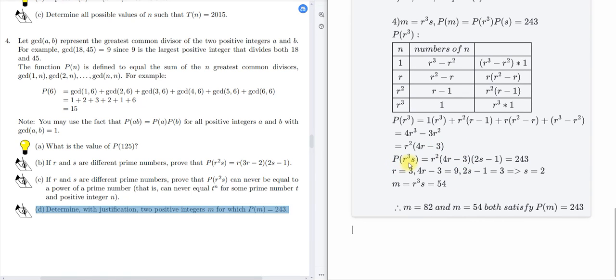So p r cubed s equals r squared multiplied by 4r minus 3 multiplied by 2s minus 1 equals 243. So r equals 3 and 4r minus 3 equals 9. 2s minus 1 equals 3, so s equals 2. So m equals r cubed times s, which is 54.